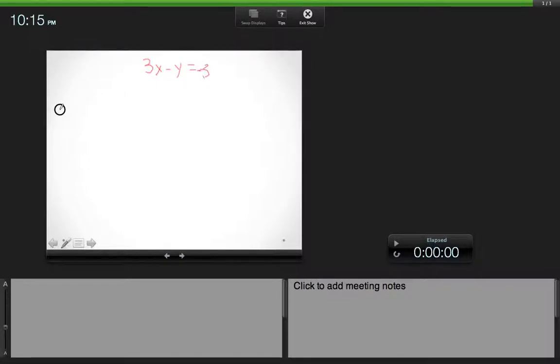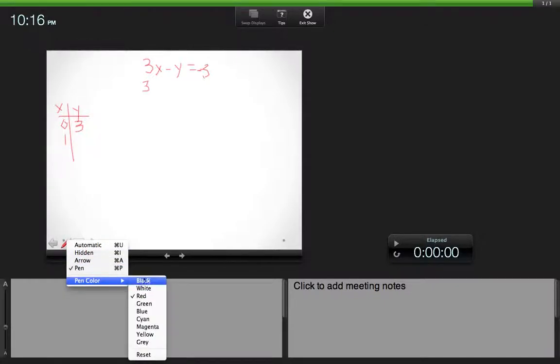So my first point that I got over here, remember, was when x was 0, I solved, and we got y was +3. So now I said, well, what if x was 1? So I'm going to plug a 1 here for x. So 3, and now x, remember, we said is going to be 1.